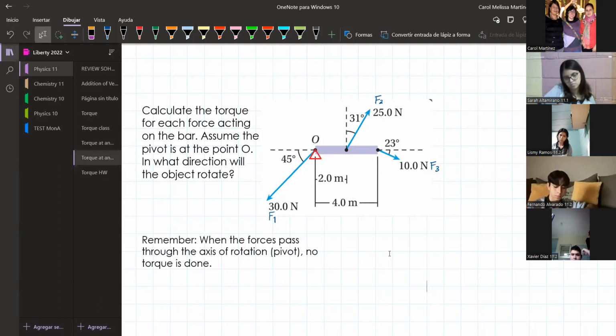So I need to calculate the torque, but before I go into that, I need to see what forces are going to cause rotation, okay?